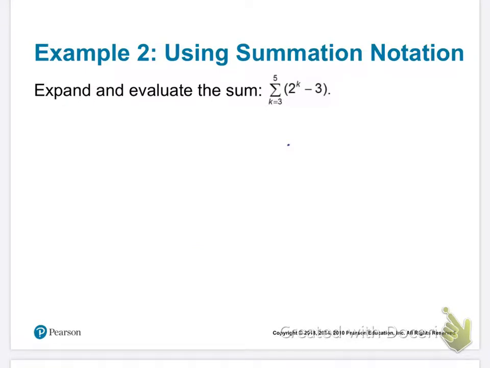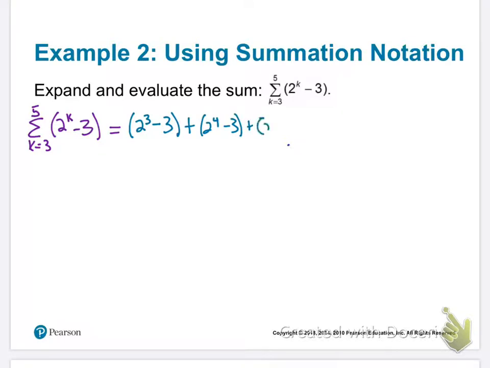So I'm going to get started here. So the summation of k equals 3. Notice that our index is now represented by a k, and that's okay. No pun intended there. So now we're going to substitute in our values, but now our lower index is 3. So when we substitute in, you have 2 to the third minus 3 plus 2 to the fourth minus 3 plus 2 to the fifth minus 3.